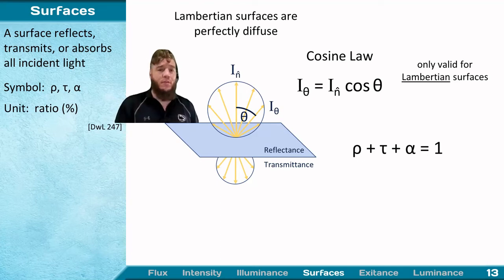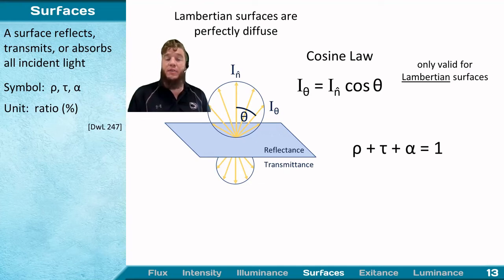Essentially, all matte surfaces, like my shirt or my hair, are Lambertian, and they evenly diffuse light. So for a flat surface, the intensity leaving the surface is going to follow the cosine law. In other words, intensity is always the highest along that normal vector again.